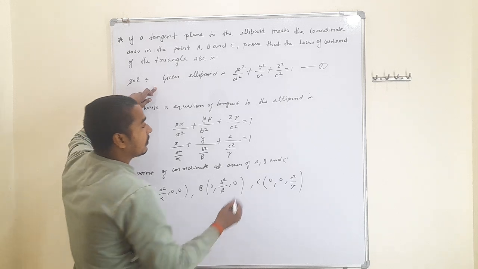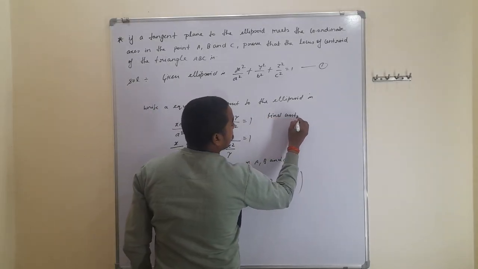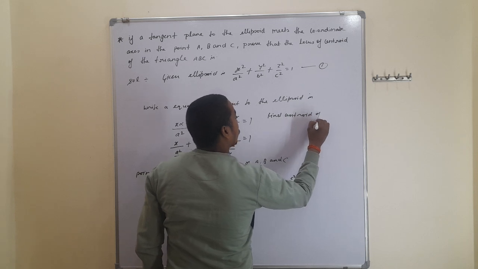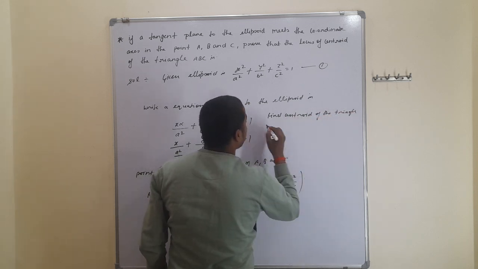Here, find the centroid of the triangle ABC.